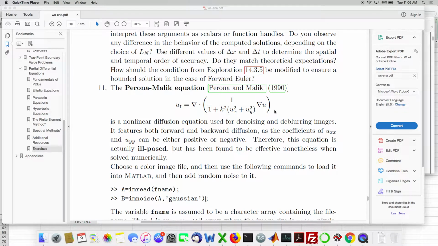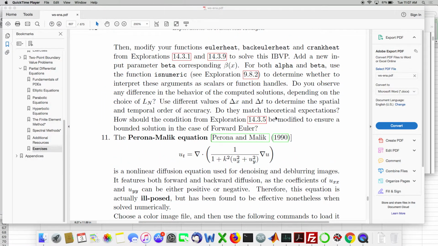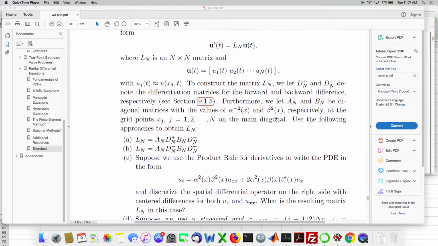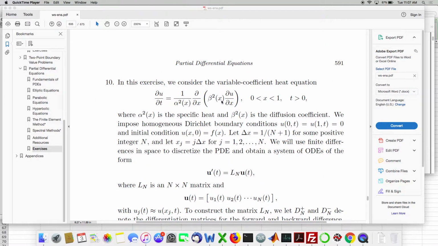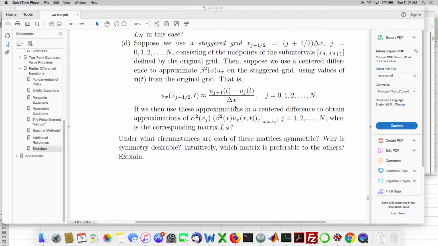So this is similar to a variable coefficient heat equation in that you have u_t equal to the divergence of some coefficient times the gradient. So it's almost the same form as what we have up here. Like if alpha of x was constant, you'd have a spatial derivative of a coefficient times a spatial derivative, summed over x and y.